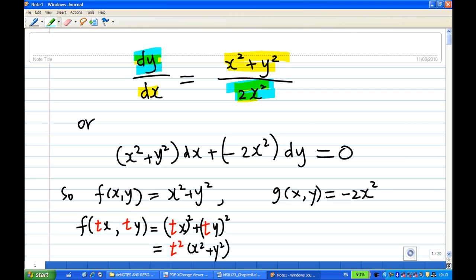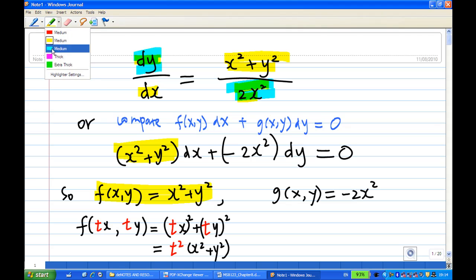If you compare with f(x,y) dx plus g(x,y) dy equals 0, then we have f(x,y) is x squared plus y squared, and g(x,y) is minus 2x squared.